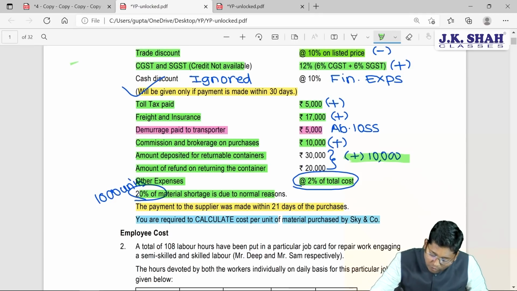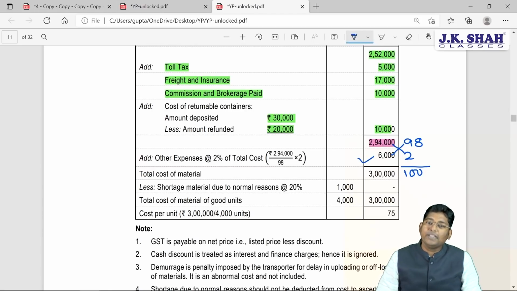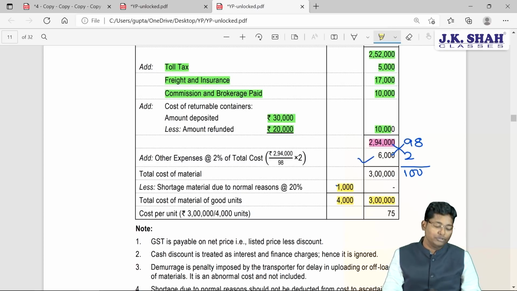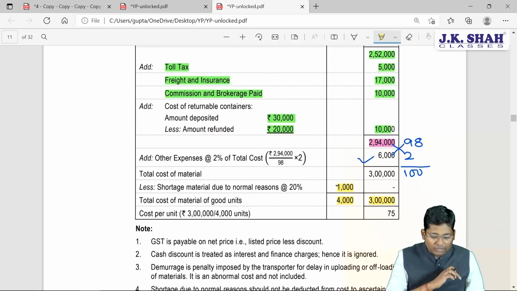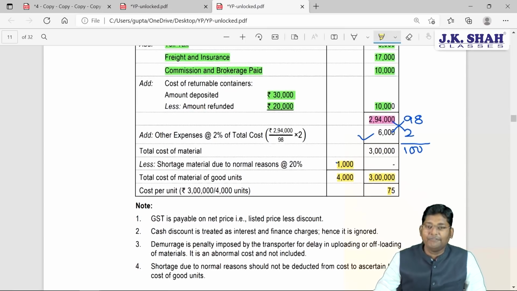If 5,000 units of material, 20% of material shortage is noticed by the company, that means 1,000 units or 1,000 quantity of the lot size you haven't received. That means this 3 lakhs rupees expenditure you have spent on 4,000 units. So simply 3,00,000 divided by 4,000 units, you are going to get your cost per unit as rupees 75, and this 75 rupees is computed.